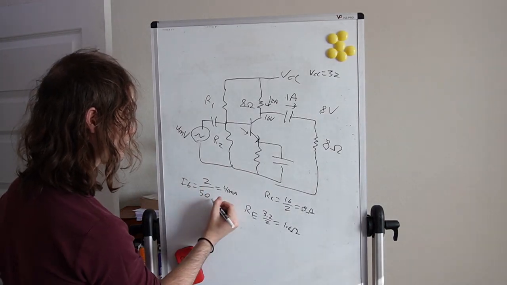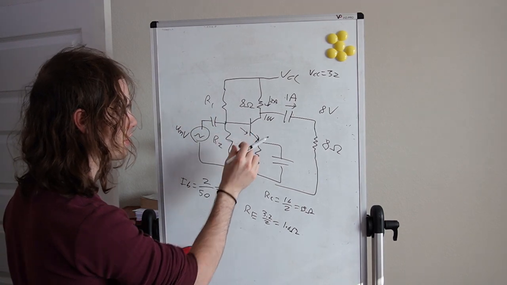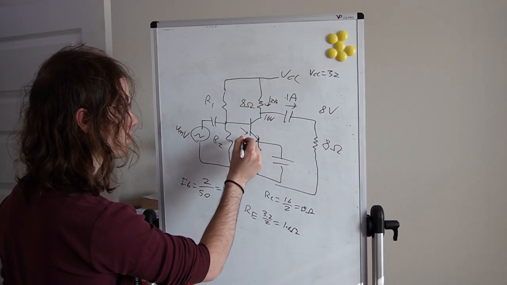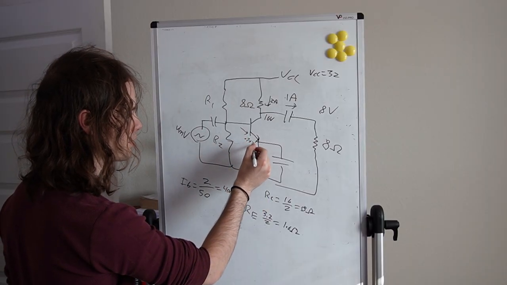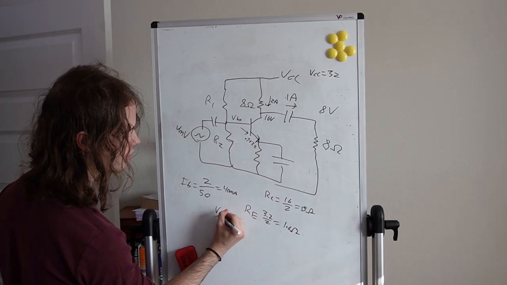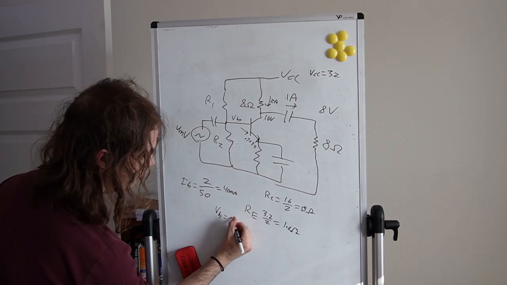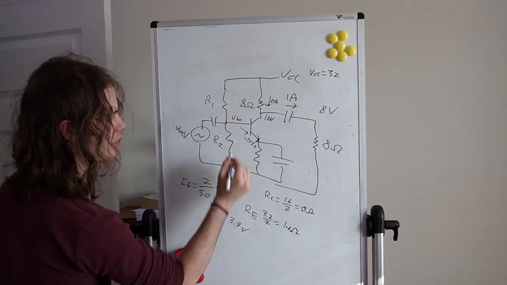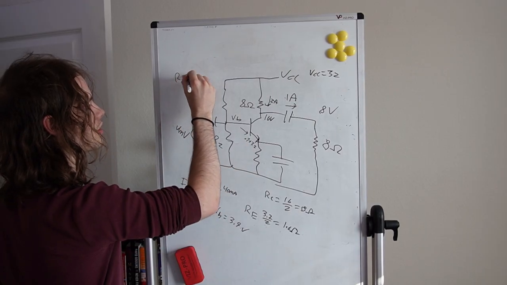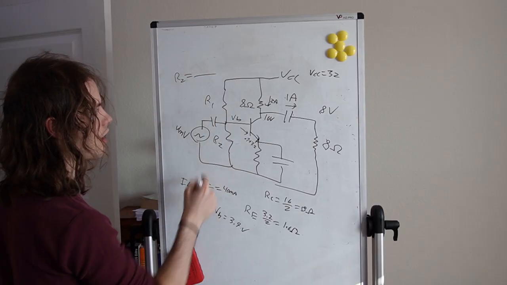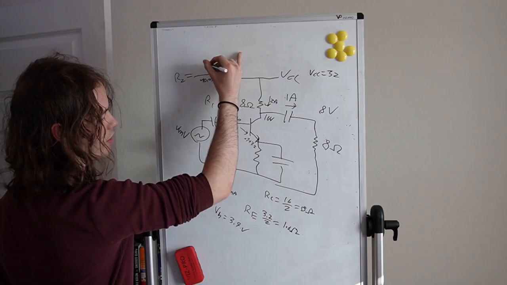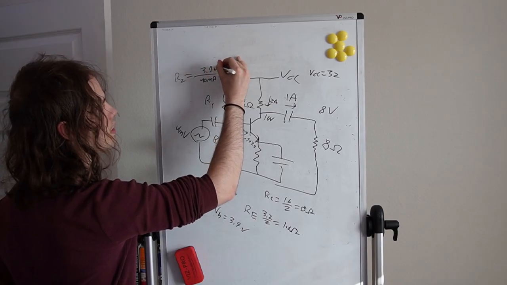Then we can calculate what R1 and R2 need to be. So we can say this is going to be 0.7 plus 3.2 to give us what VB is. So that's about 3.9 volts. So for R2, the calculation is going to be 40 milliamps divided by 3.9 volts.